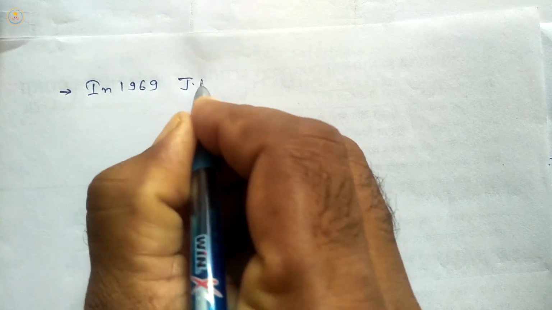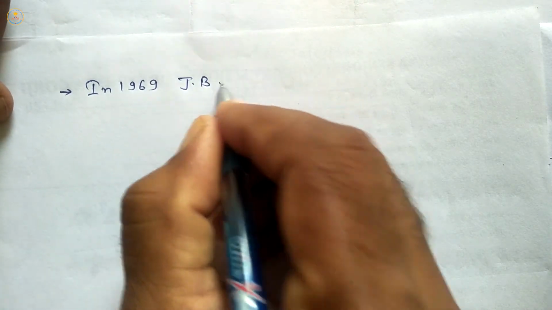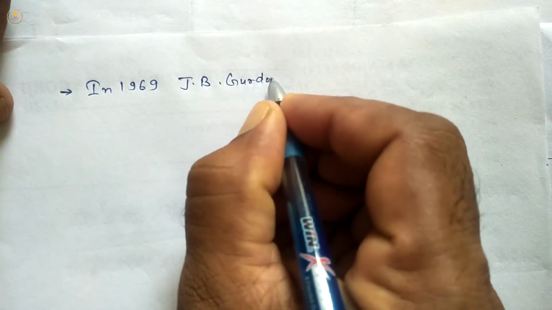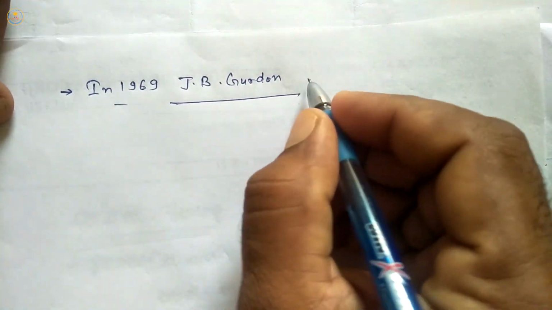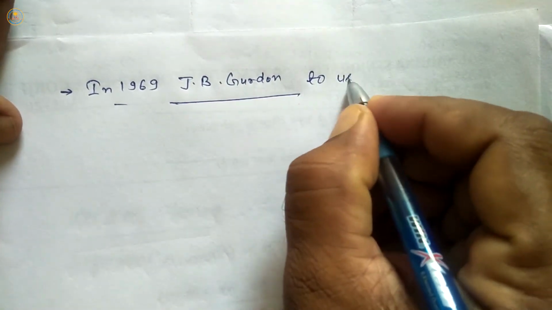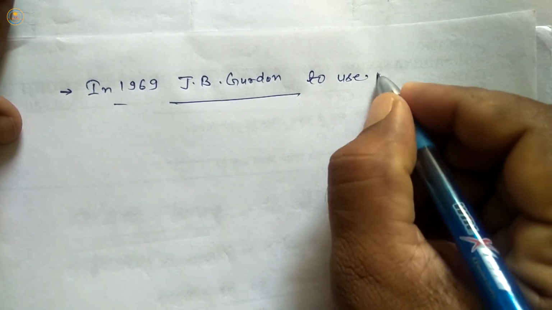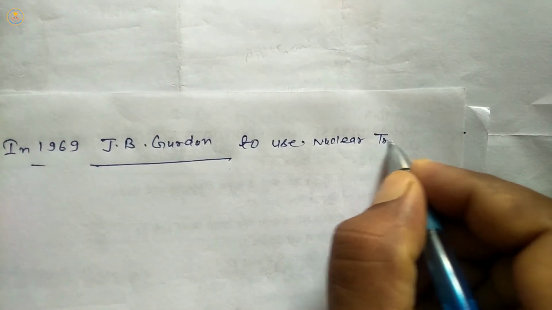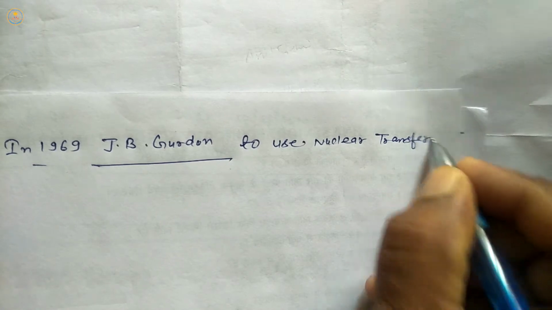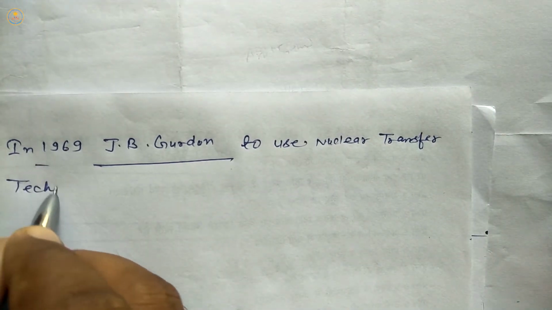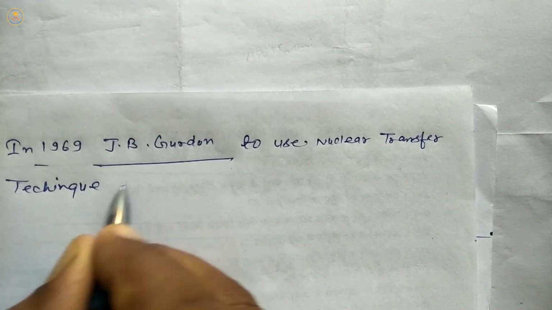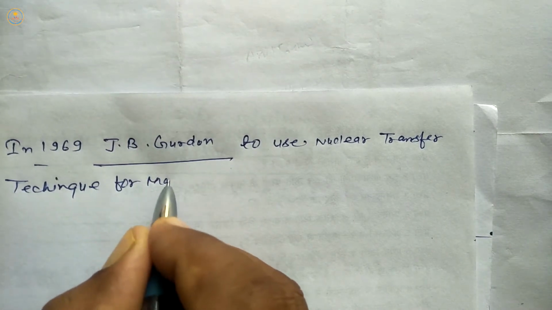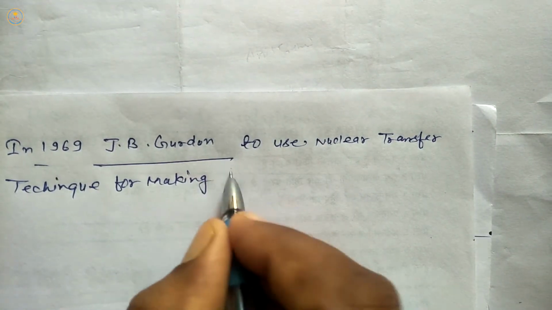In 1969, J.B. Gordon used the nuclear transfer technique for making tadpoles.